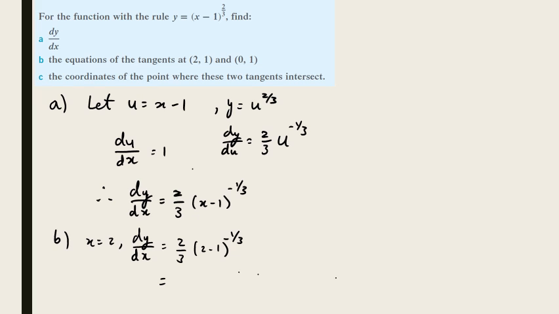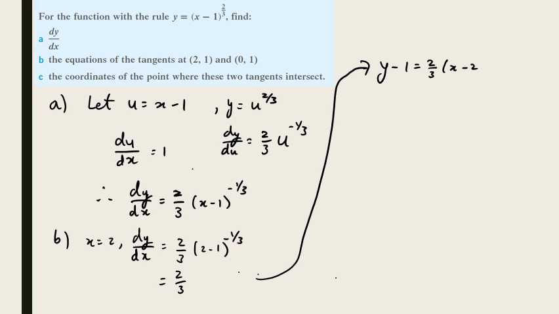Because that gives you 1 inside, this just becomes 2/3. So then substituting it back into the linear formula, we get y minus y1, which is 1, equals the gradient, times x minus x1.